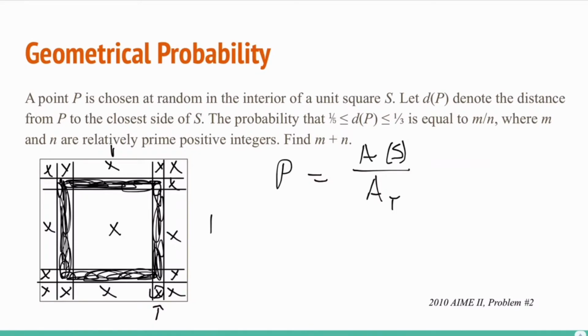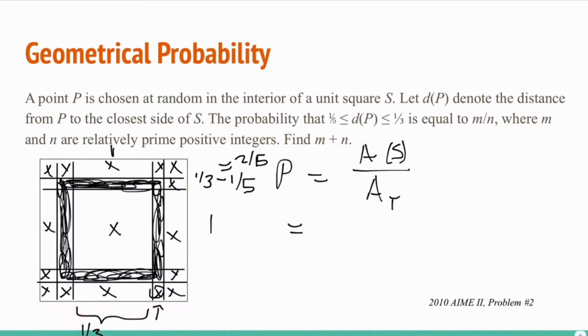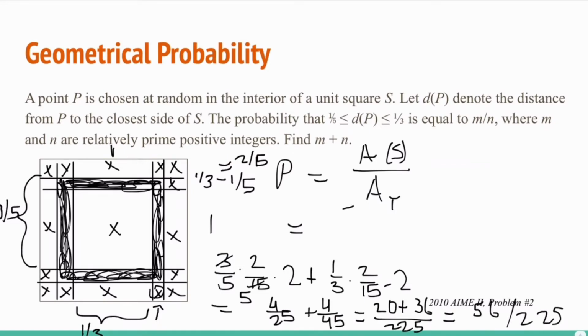So, in this case, this evaluates to 56 over 225, which now, after adding m and n, we get that the final answer is 225 plus 56, or 281.